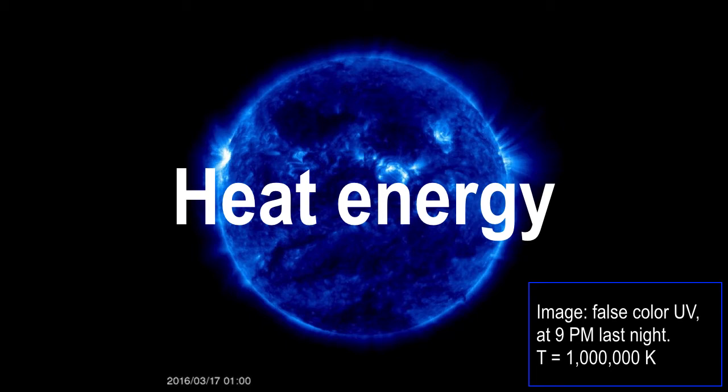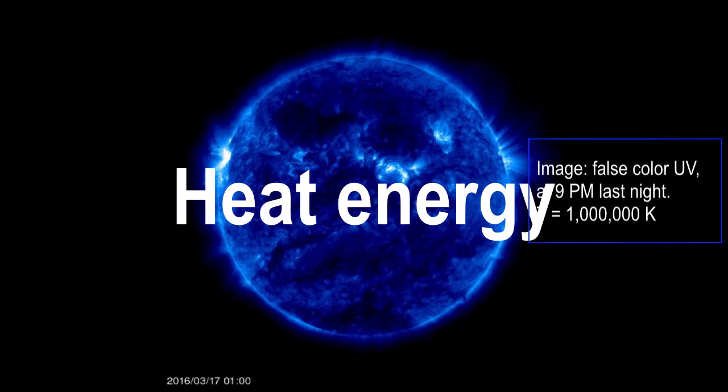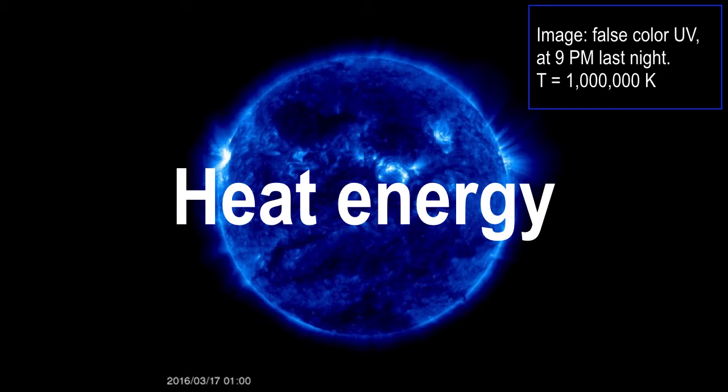They image the sun in ultraviolet, and then they do what they call false color. So wherever it's blue or even light blue or white is where you have the brightest ultraviolet coming from the atmosphere of the sun. And this is a part of the sun that is at 1 million Kelvin temperature.